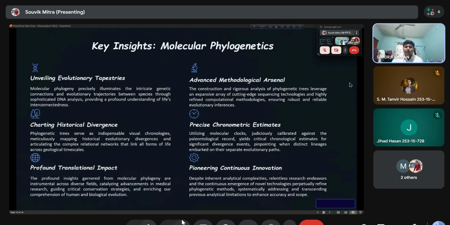These trees help chart historical divergence, showing when species split from common ancestors. Using molecular clocks calibrated with fossil records, scientists can also estimate the timing of key evolutionary events. Overall, molecular phylogeny has a strong translational impact, supporting medical research, conservation efforts, and studies of human evolution.